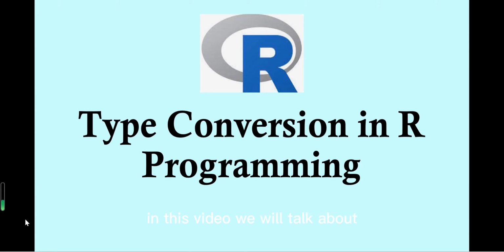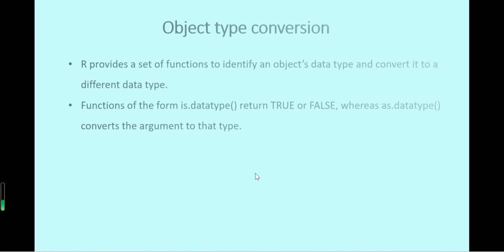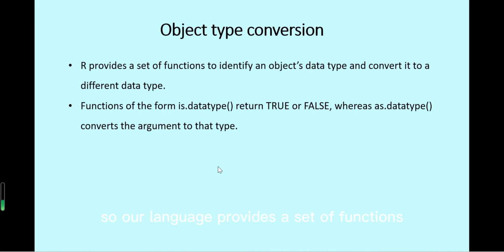In this video, we will talk about how to do type conversion in R programming. The R language provides a set of functions to identify an object's or a variable's data type and convert it to a different data type.